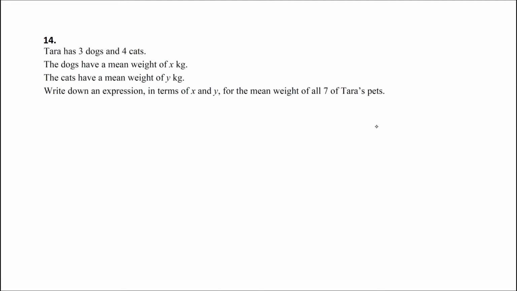So we know that the mean is given by the sum or the total divided by the number of scores. But what we want here is the sum or the total.